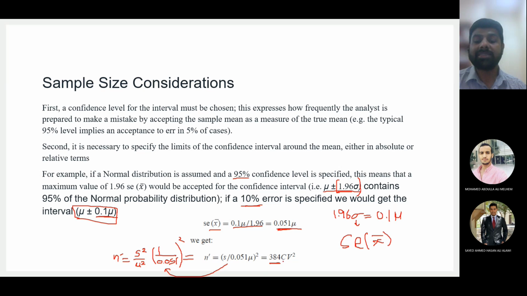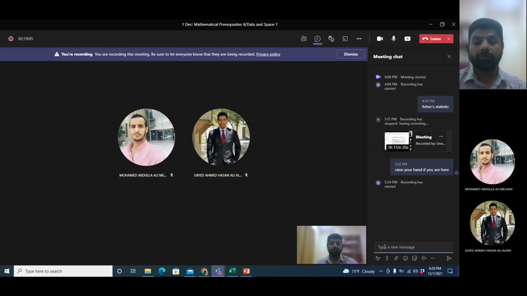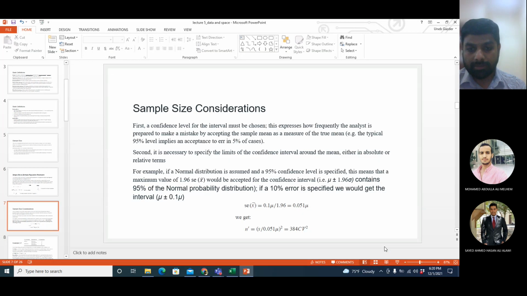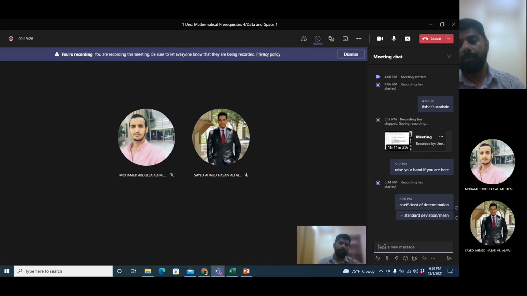Now you see here CV. Now CV stands for what? CV stands for coefficient of variation, which is basically the standard deviation upon the mean.